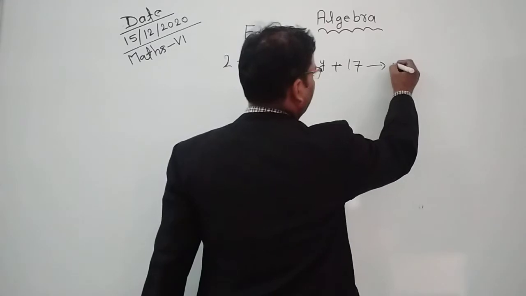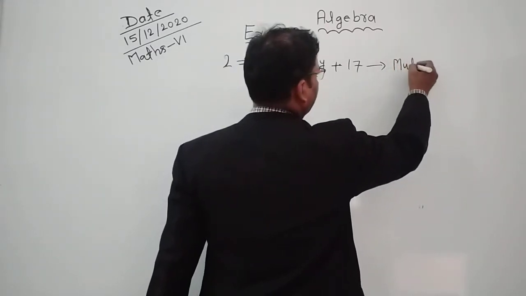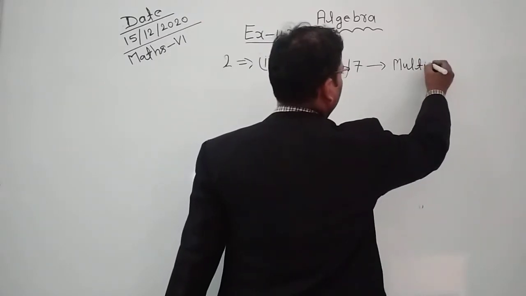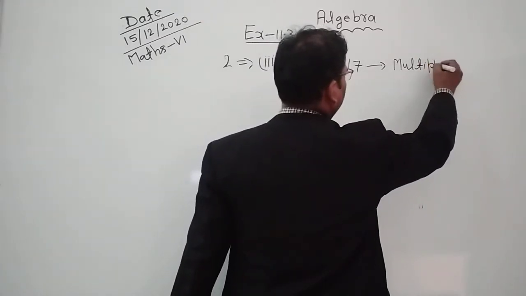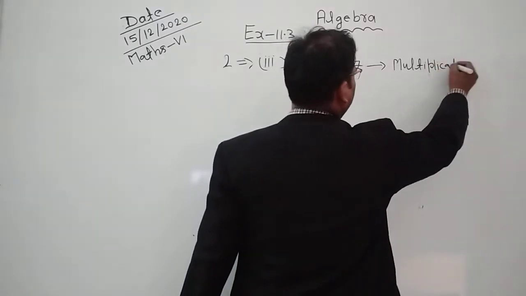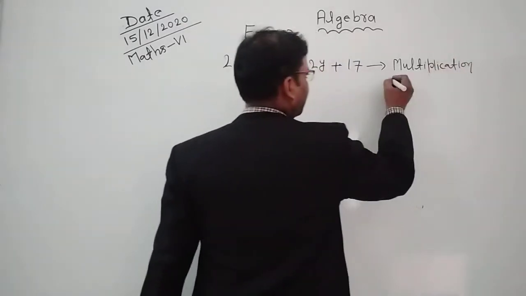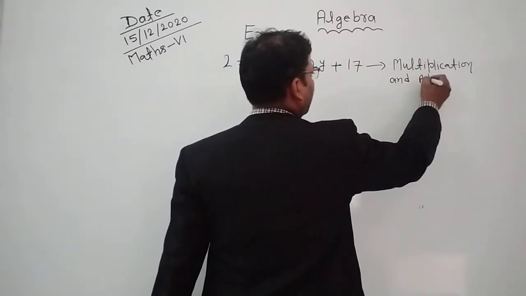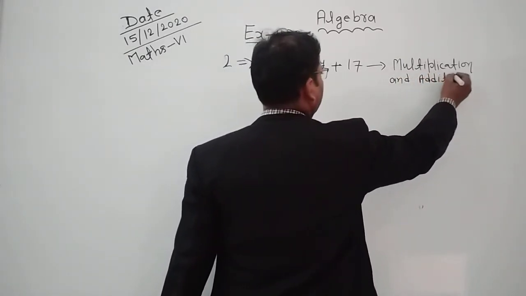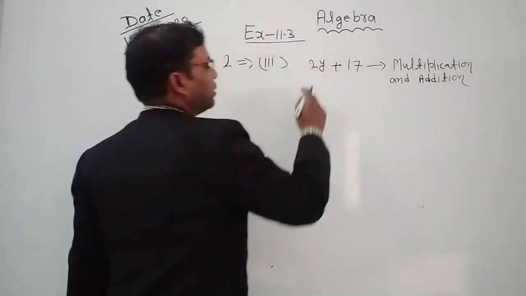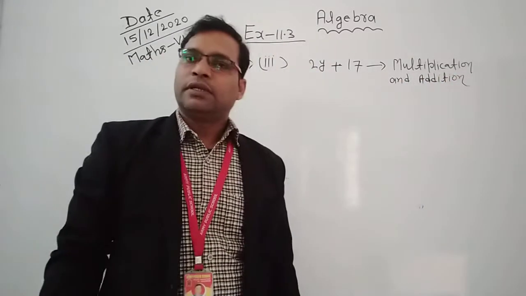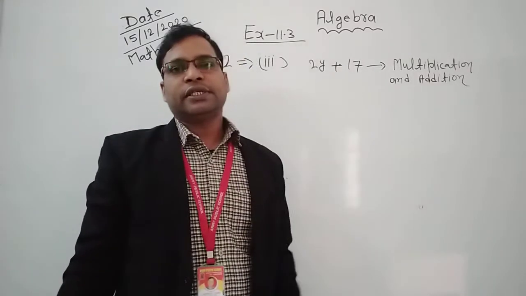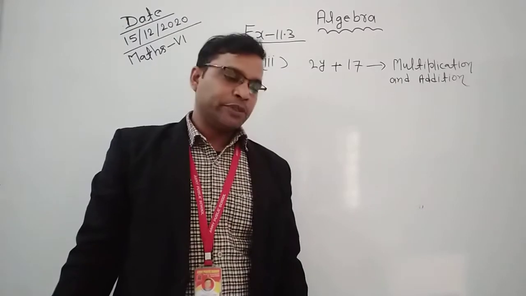So you can write here: multiplication and addition. Both operations are used here. 2y is 2 into y, the multiplication operation, and plus 17, the addition operation.